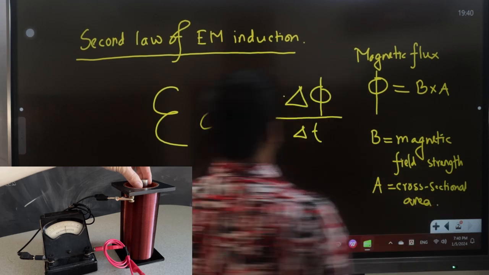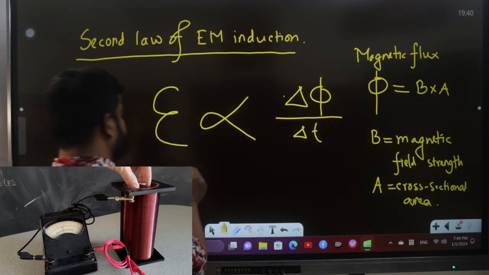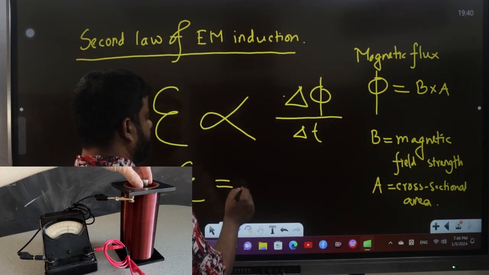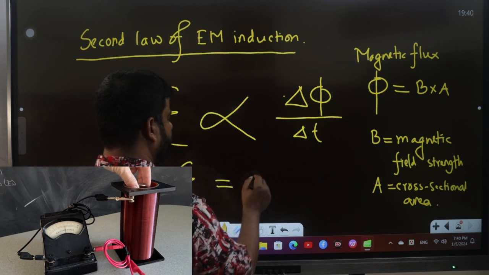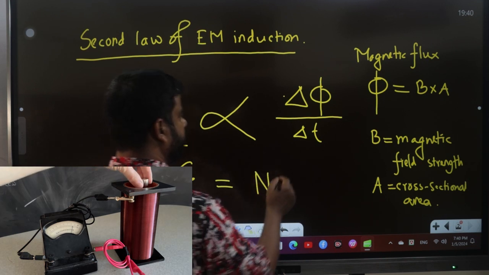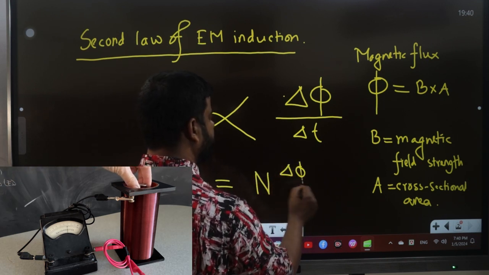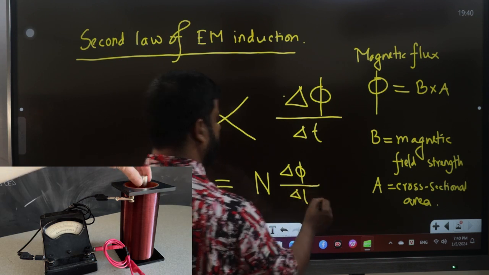If we replace the proportional sign by an equal sign, then we use N, where N is the number of turns in the coil.